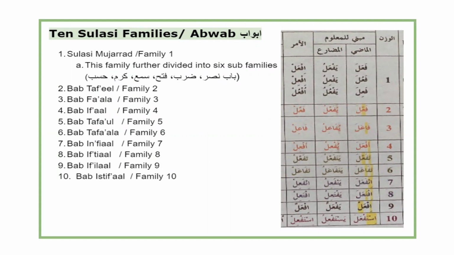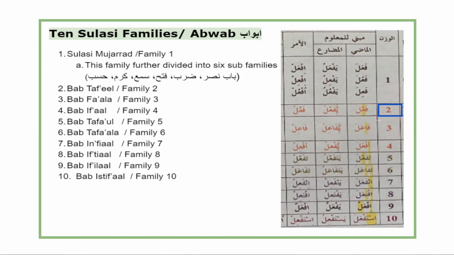This number 2, you can say Fa'ala or Bab Taf'il. Fa'ala is the past tense and Taf'il is the Masdar of this family. In this, the second letter, which is Ain Kalma, is doubled over here. So there's an extra element.